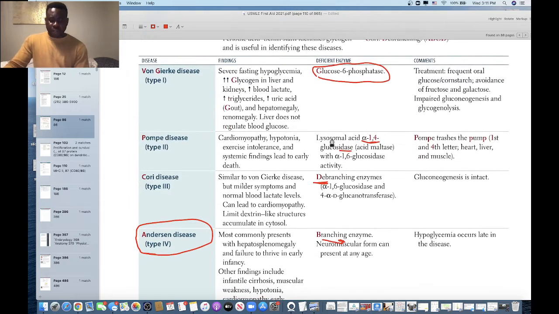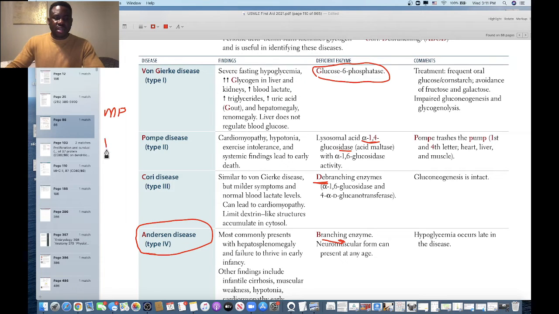The summary of this, like how I remember it, is that some of them cause hypoglycemia and some of them do not cause hypoglycemia. Let's go to those that do not cause hypoglycemia first, which is the MP, right? The ministers and the parliamentarians, they are rich already, so there's no way they can have hypoglycemia, right?